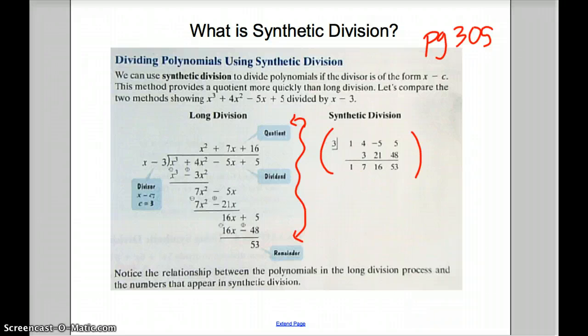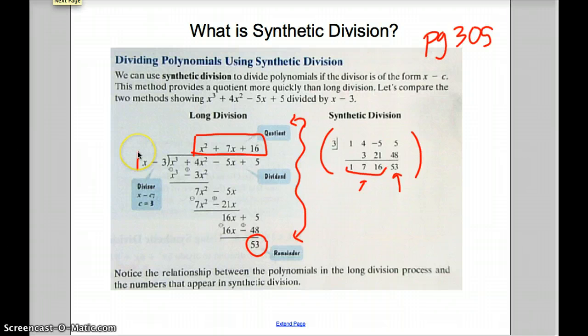We'll talk about how they got all these numbers, but some of the key important pieces here are, notice things like the 53. That is what the remainder was. Notice that the rest of this result is what the coefficients of the quotient were, which is the result after you divide two things.